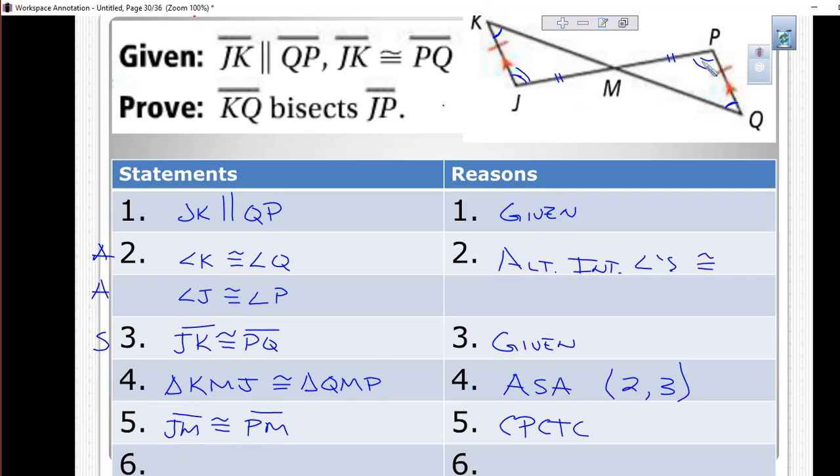Since we have that these are congruent, now we can say that KQ bisects JP. And the reason is going to be definition of a segment bisector.